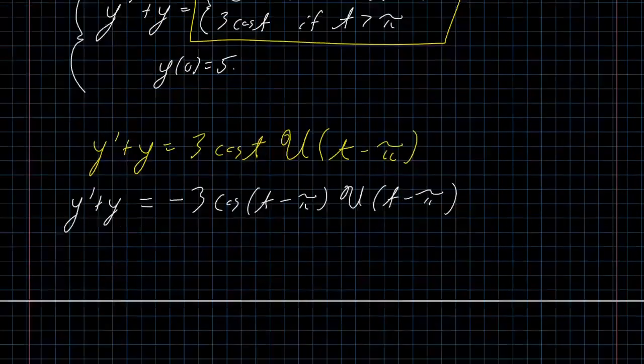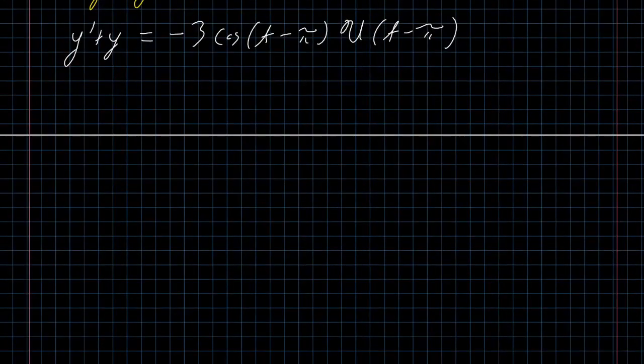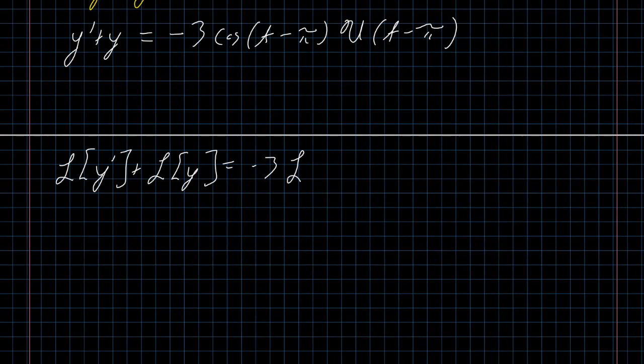Now I can take the Laplace transform. The Laplace transform of y prime plus the Laplace transform of y should be equal to -3 times the Laplace transform of cosine of t minus pi times u of t minus pi.